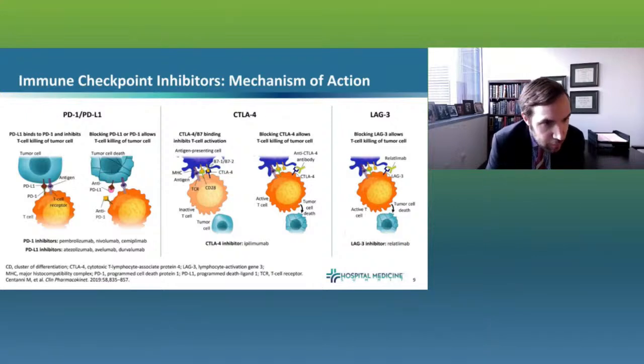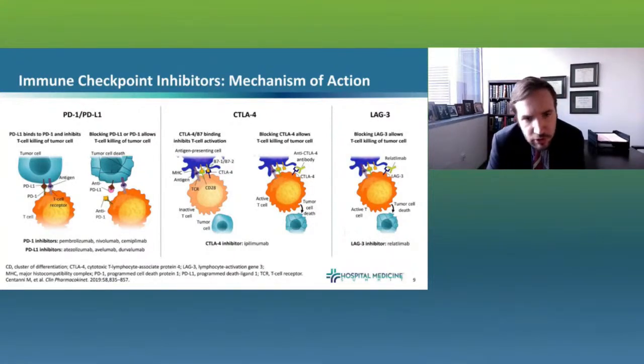And essentially, the PD-1 is a receptor on the T cell that normally is present under physiologic conditions to keep our immune system from becoming hyperactive. And the body is able to interact with these PD-1 receptors to tamp down the immune system. It is a normal function of our normal homeostasis of our immune system.